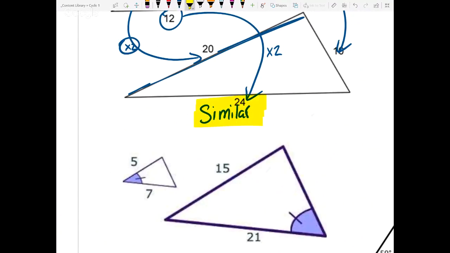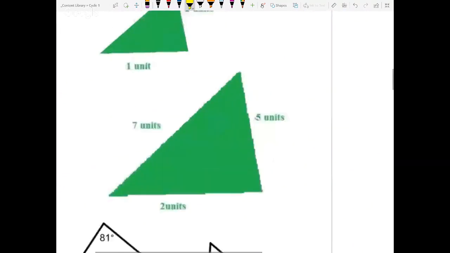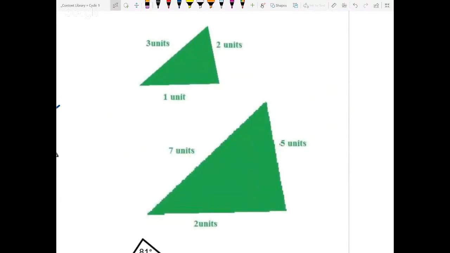Good. I like that. What about this one over here? What does this side line up with? One unit lines up with, which one on here do you think that matches up with? 2. Good. And how do we get from there to there? How do you make 1 into 2 by multiplying?